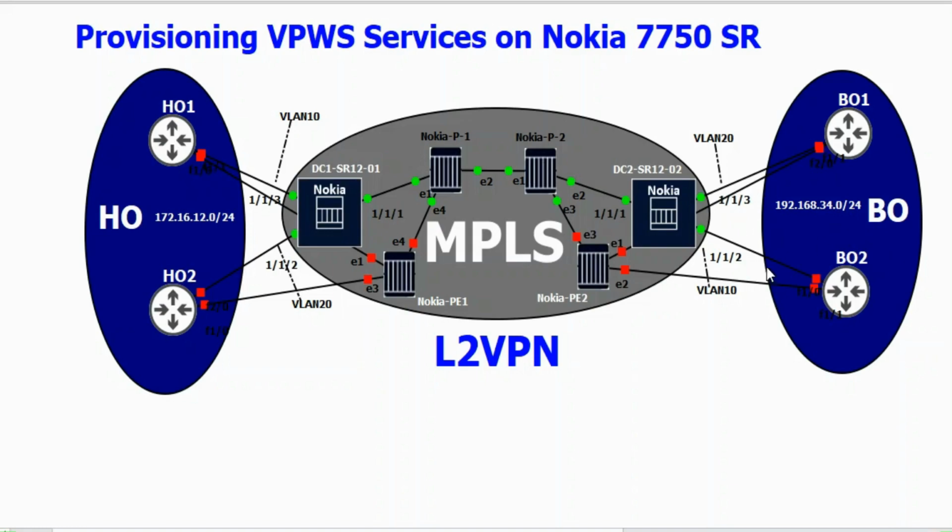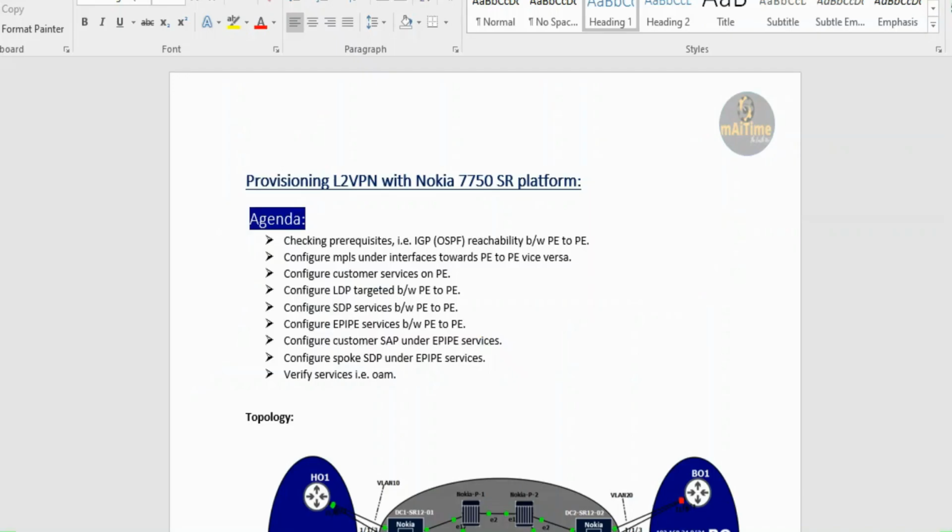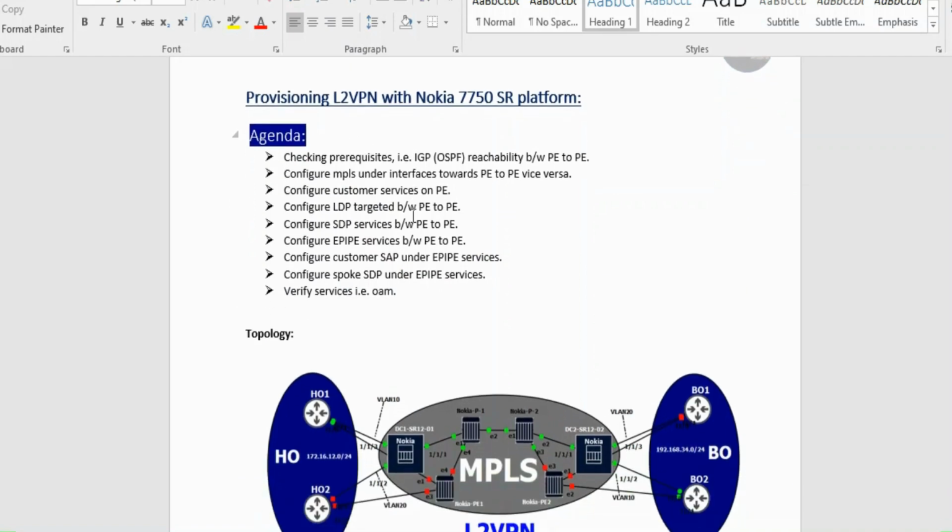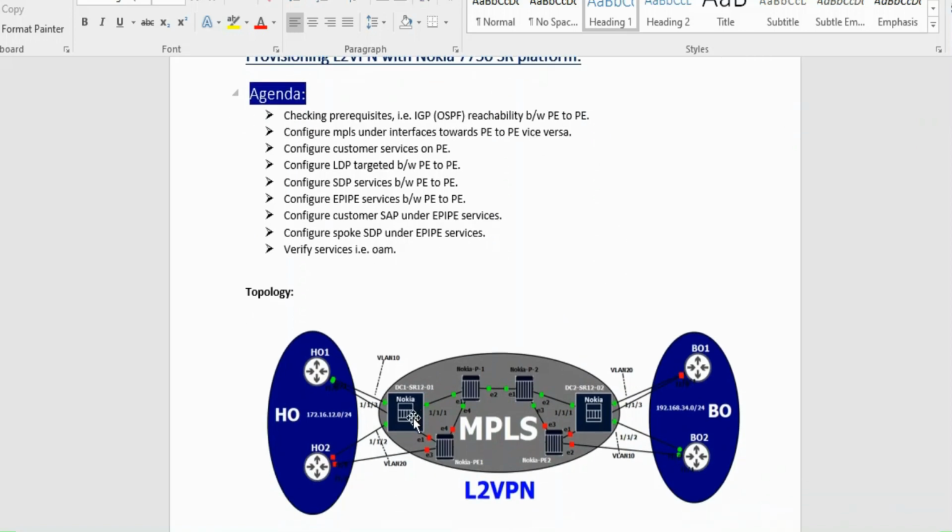Here you can see the prerequisite list. In the agenda, we have checking IGP, meaning reachability between DC1 and DC2. The IGP should be reachable between the providers.